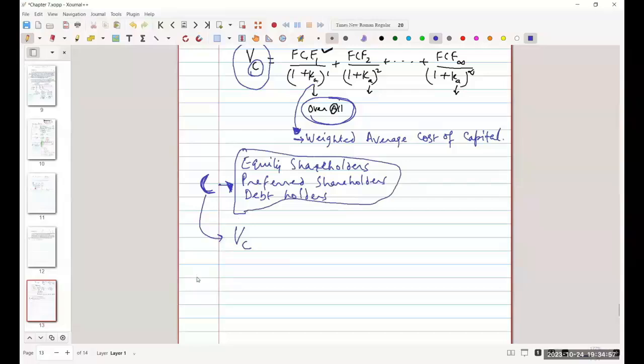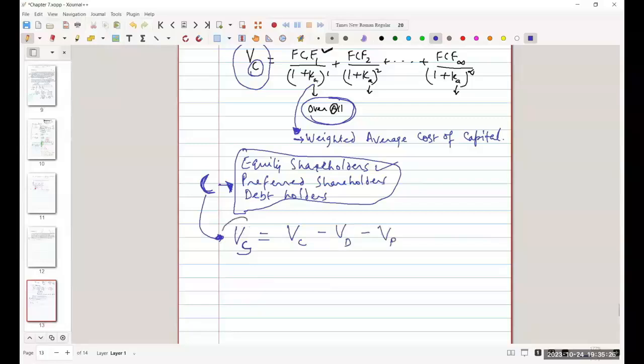But if we want to find out the value for the shareholders, let's say VS is what we want to find out, then we take the value of the whole thing, and from this we subtract the value for the debt holders and the value for the preferred stockholders.